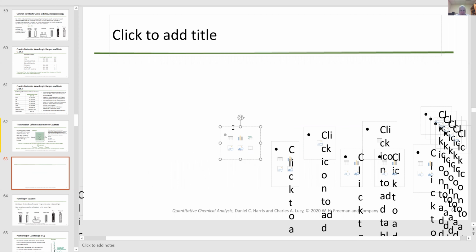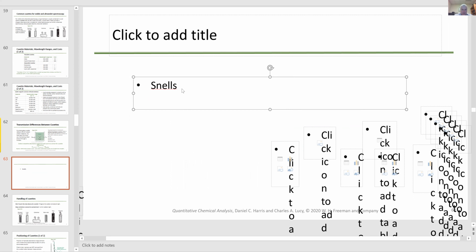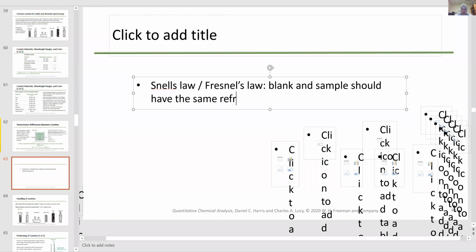Okay, so there's Snell's law, and maybe Fresnel's, which says basically that the blank and the sample should have the same refractive index.